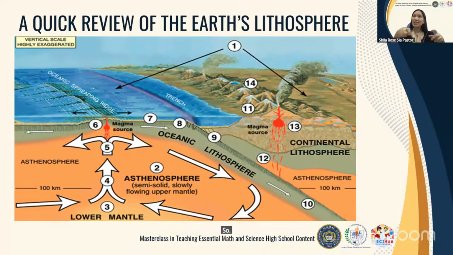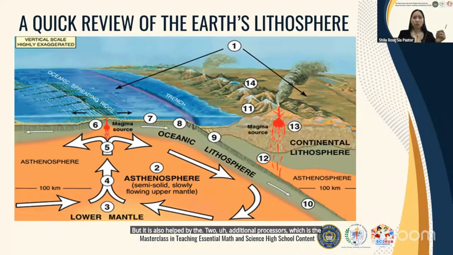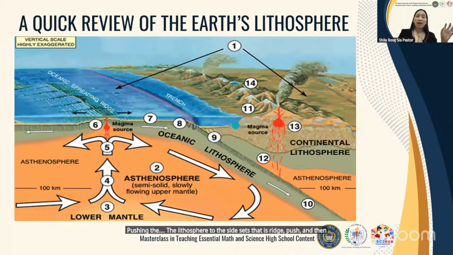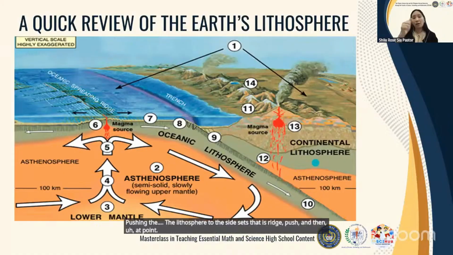So essentially, the whole plate tectonics theory is dependent not just on the convection current, but it is also helped by two additional processes: the ridge push happening at 6 here, where molten material pushes the lithosphere to the sides, and then at 10, which is technically slab pull.